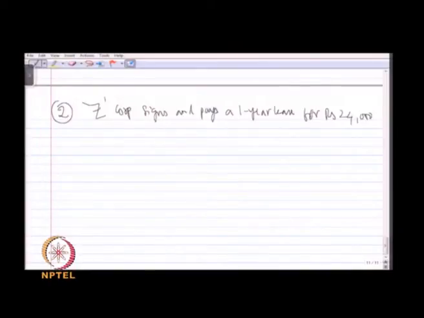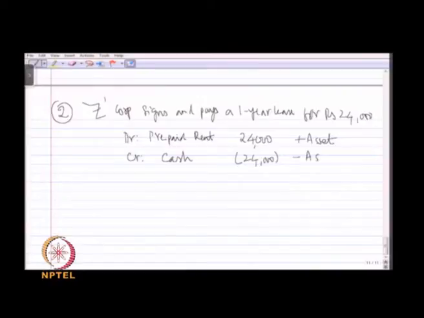So, you can treat that as a prepaid rent, in this case an asset whose value is 24,000, increase in asset, and that is why it is debit. Credit, since I have paid it, cash 24,000, since cash goes out, it is an asset. This is 2. I will quickly record some of the transactions.